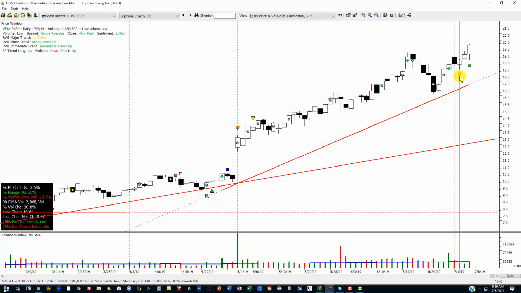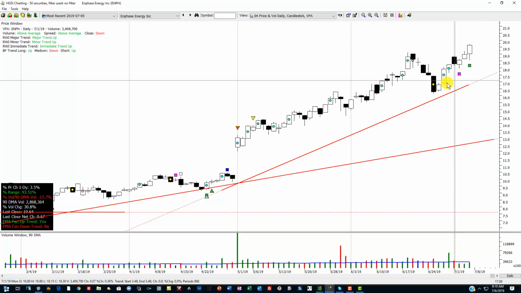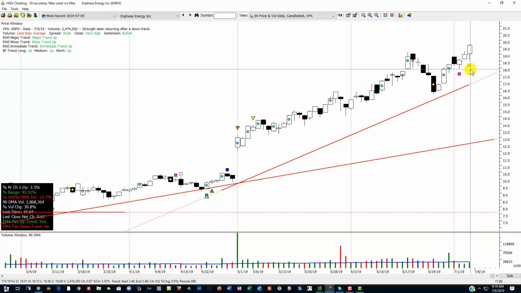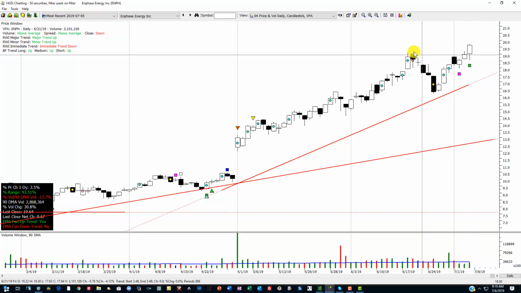Tests are very important. What tests determine is if there is supply below the market. It opened here, traded down, and closed near the high, so that's a low volume test, which is a sign of strength. And then it moved up and moved past resistance on Friday.